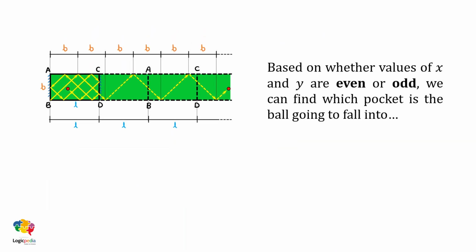Now after finding the values of x and y, based on whether the values of x and y are even or odd, we can find which pocket the ball is going to fall into.